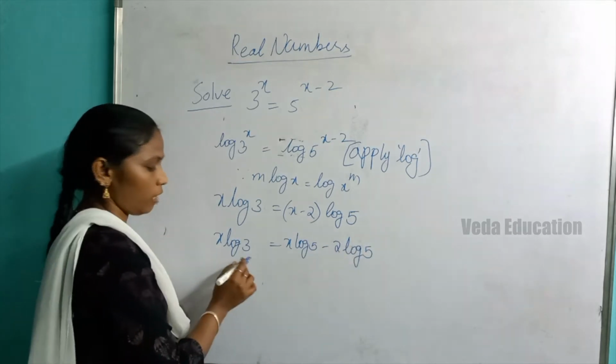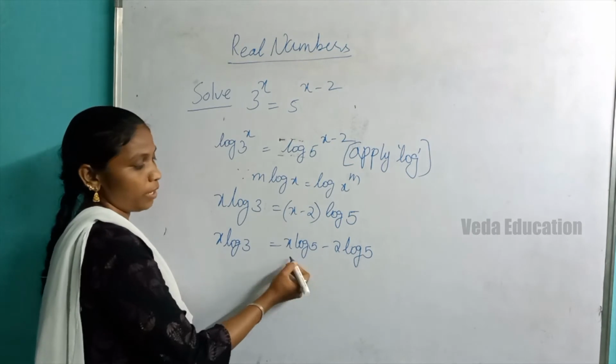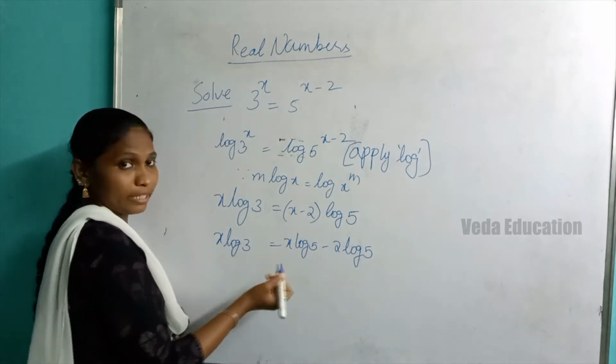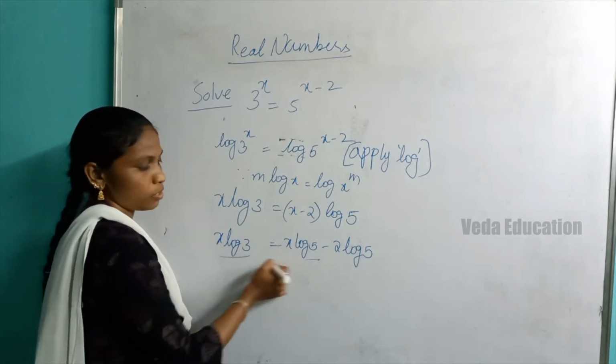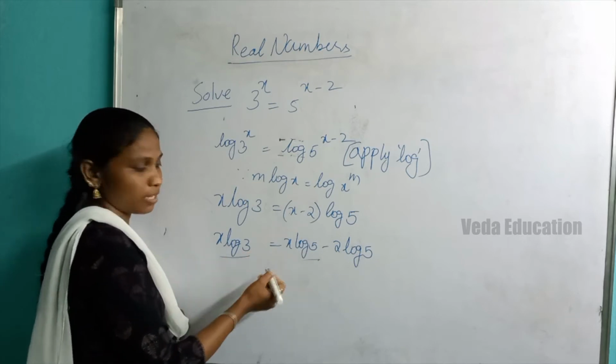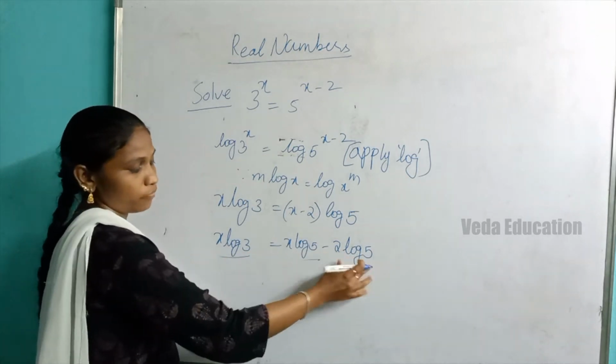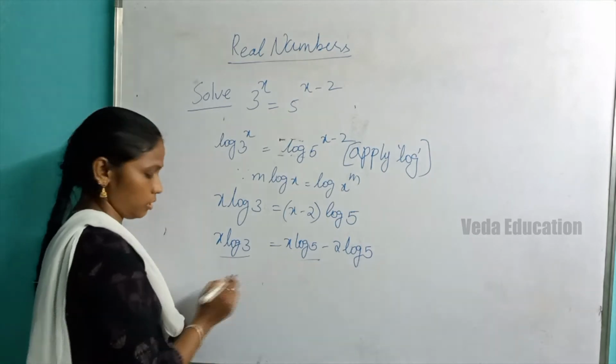So here we have x in logarithm form, and here also we have x logarithm, like terms. These two are the like terms, both having x. So transfer this 2 log 5 to the right side and the other term to this side.